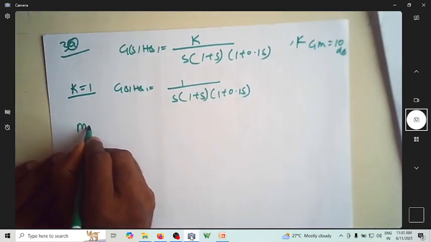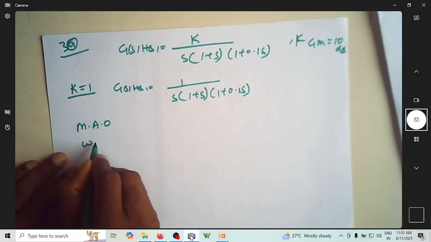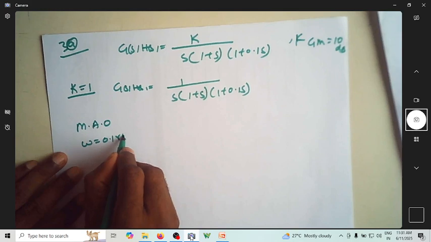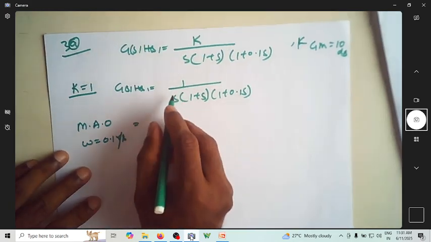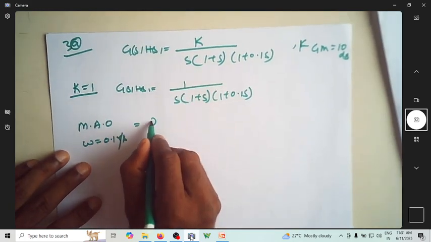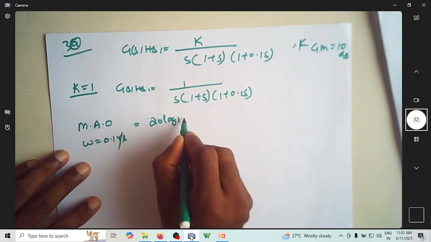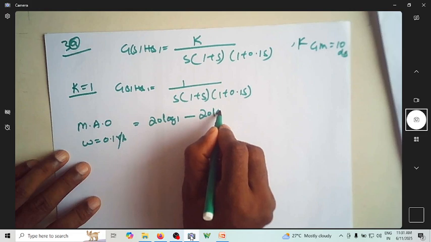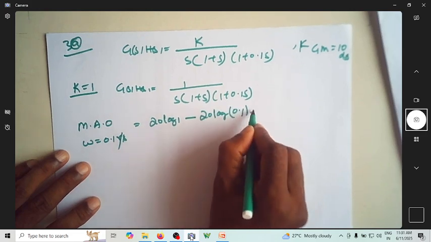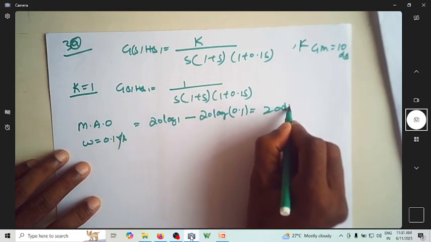The magnitude at the origin, omega equal to 0.1 radian per second, will be 20 log 1 minus 20 log 0.1, which is 20 dB.